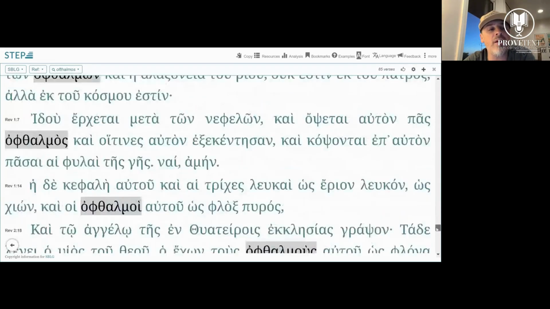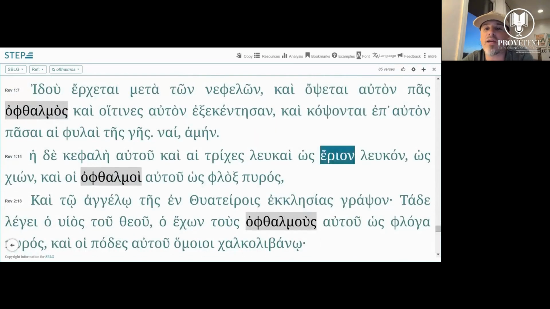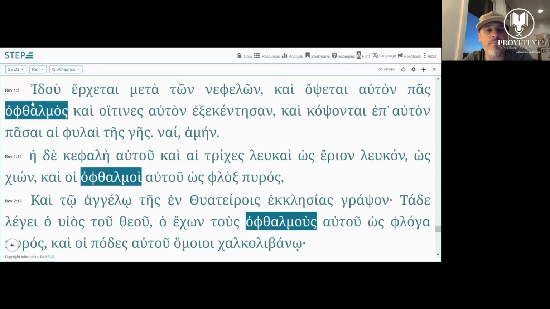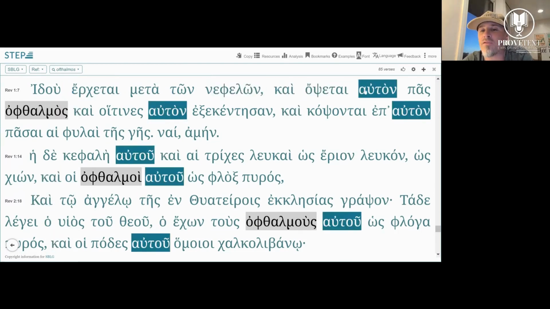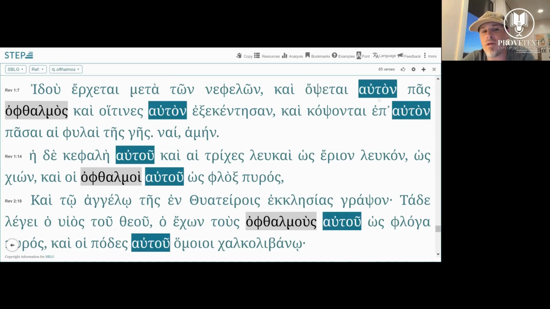Eyes are very important in Revelation 1:7. We hear about kai opsetai auton pas ophthalmos, right? Or really, we can start at the beginning with that too. Idou erchetai meta ton nephelon. Behold, he comes with the clouds. Kai opsetai auton, and it shall see him.